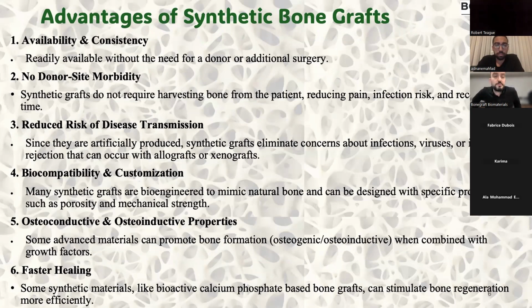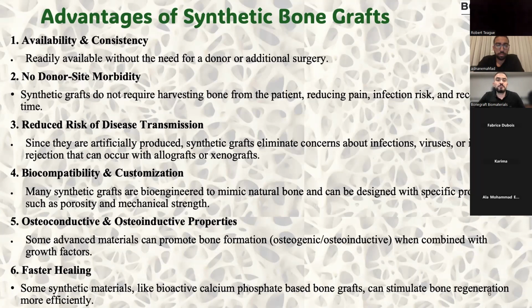The first one is availability and consistency. It is a manufacturing process using highly pure chemicals, so the availability of the graft does not rely on any donor or any surgical procedure. It is only a matter of time and the manufacturing process.